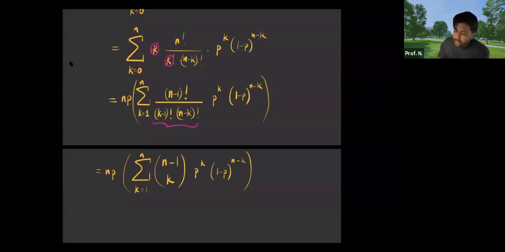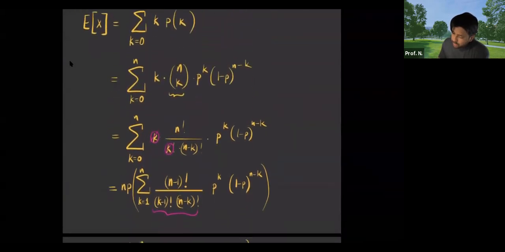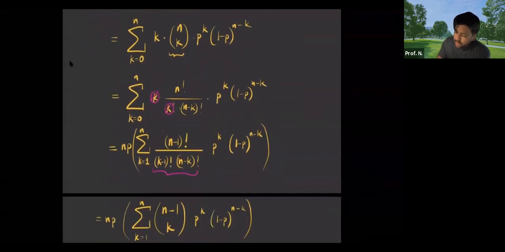Okay, and so actually this index here was changed from the beginning, from 1. And then what happens is there's a rewriting of it.